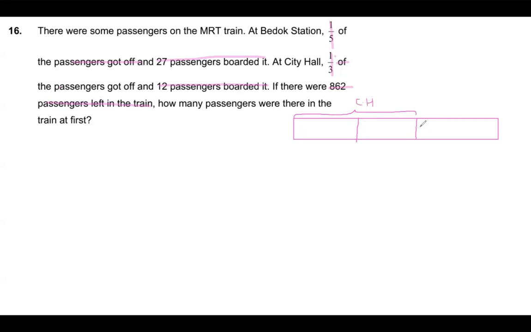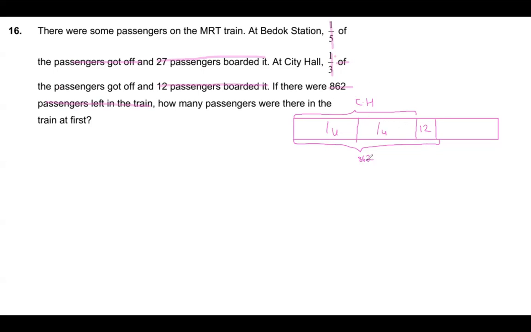Correct? And then after that, there were 12 passengers that boarded, of which this is what's left, which is 862. So this would be one unit, and this would be another unit. Right, so this is what happens.